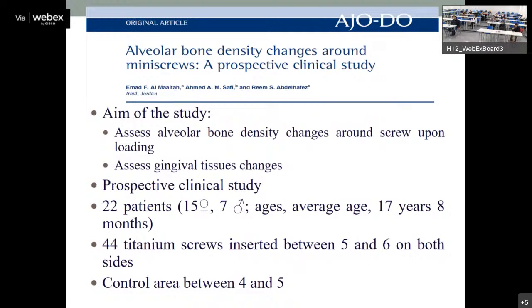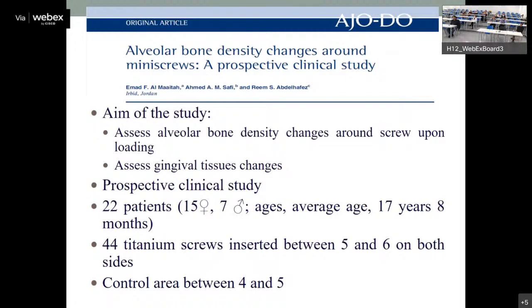We inserted overall 44 titanium screws, 2 per patient, between second premolar and first molar, maxillary first molar, of course, at the mucogingival junction or just below the mucogingival junction, in order to eliminate the effect of fixed appliance on the alveolar bone density. We need just the effect of microscrews, okay?